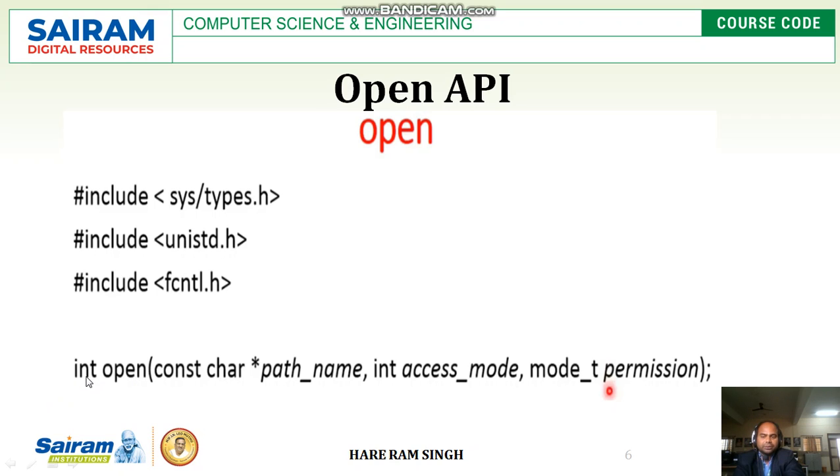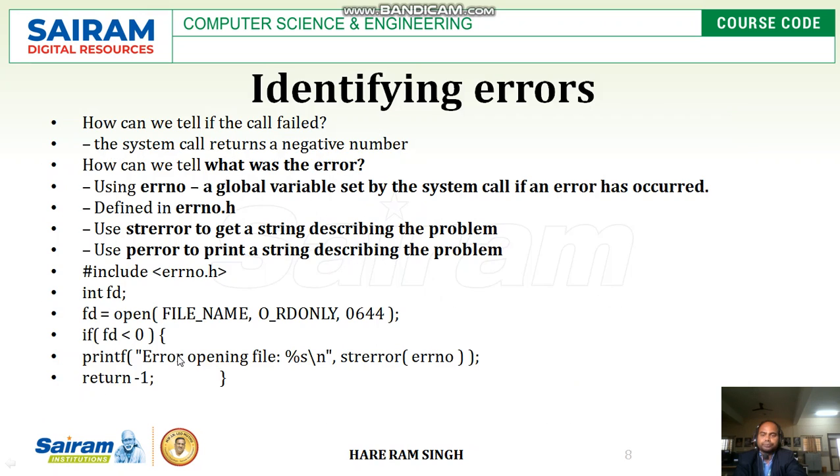As I said, if the file is opened perfectly, then it will return 0, or else it will return -1. So if we fail to open the file, the system call returns a negative number. How can we tell what the error was? Using errno, a global variable set by the system call if an error has occurred.